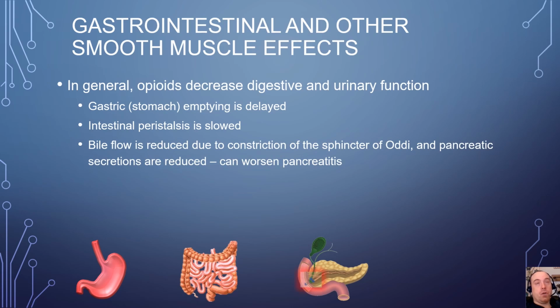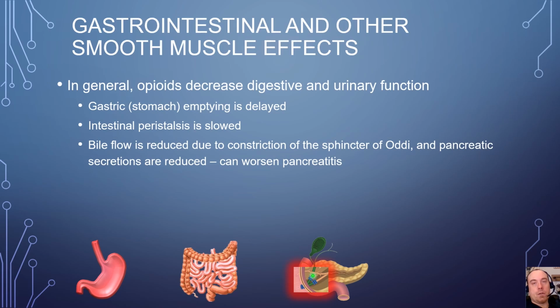Bile flow is reduced due to constriction of the sphincter of Oddi, which is right here. That is a muscle that is allowing secretions from the gallbladder and the liver, which again, that's all coming into the bile duct.